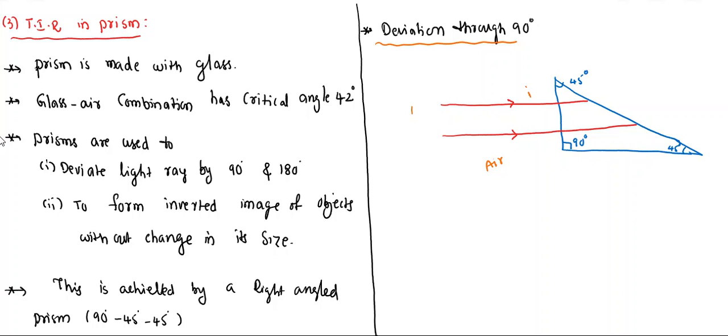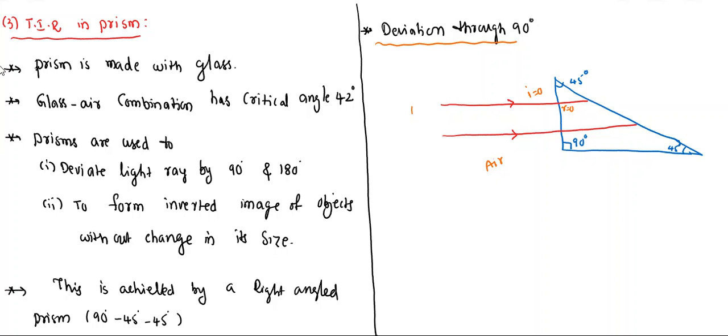The angle of incidence here is 0. Why? Because this is only the normal drawn to this surface, and this is only the incident light ray, and here the angle of refraction is also 0. That's why when the angle of incidence is 0, the angle of refraction is 0, and the light ray will travel in a straight line without any bending.